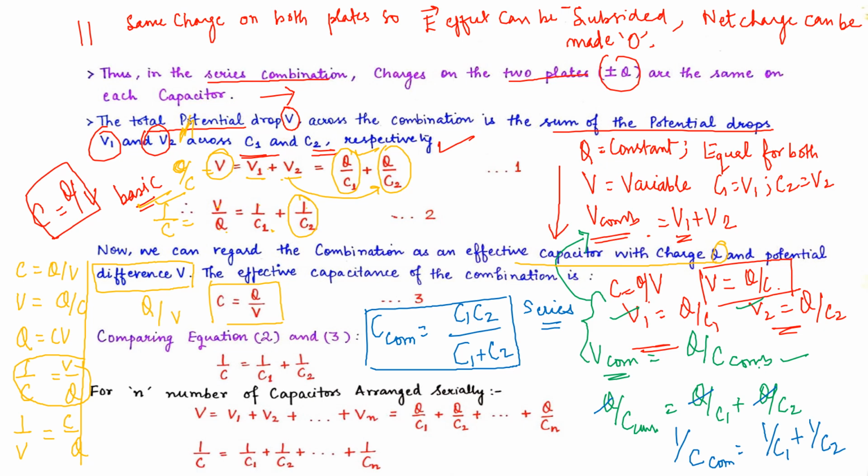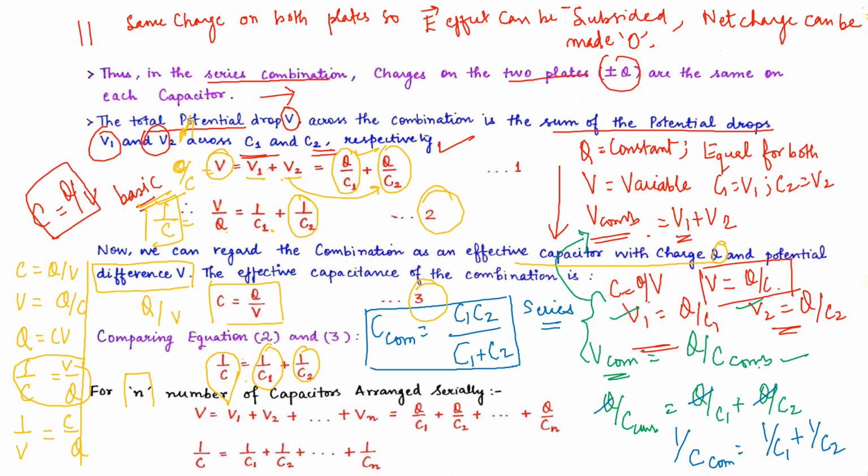Now comparing equation 2 and 3, this gives us 1 upon the combination capacitor, which is given by equation number 2. So 1 upon C equals 1 upon C1 plus 1 upon C2.